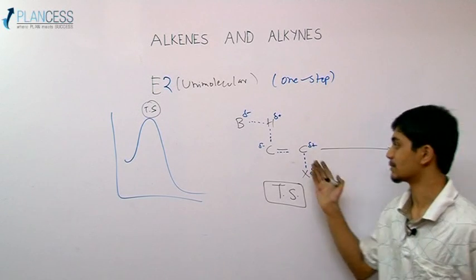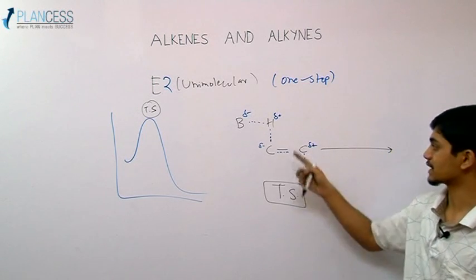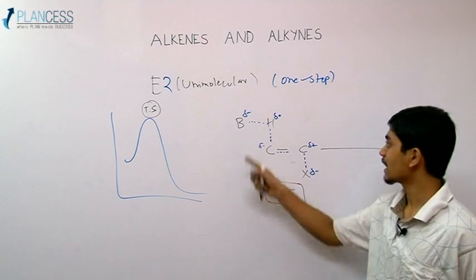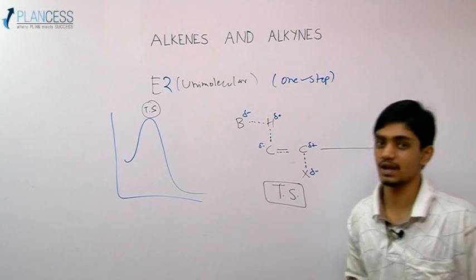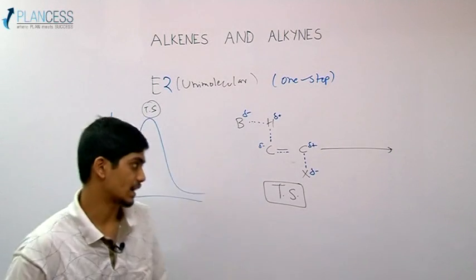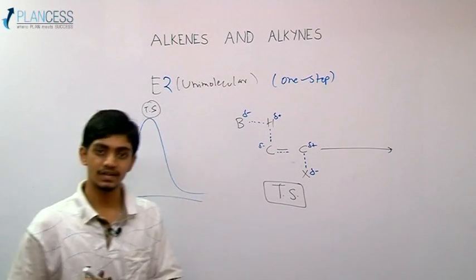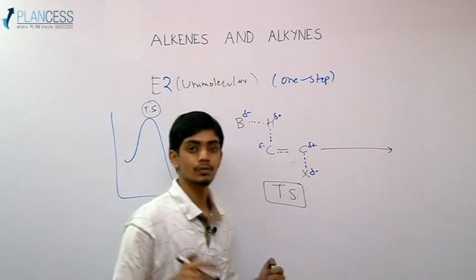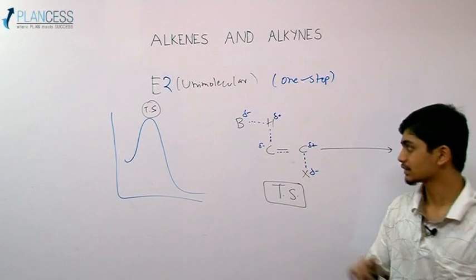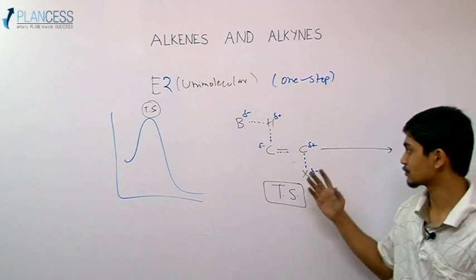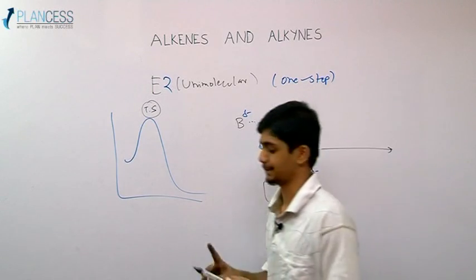That is, there is a double bond formation and there is a breakage of the bond between these two, and a formation of a bond between B and H. And as I told you, the double bond is quite less reactive as compared to a single bond, so that favors the reaction going in the forward direction.